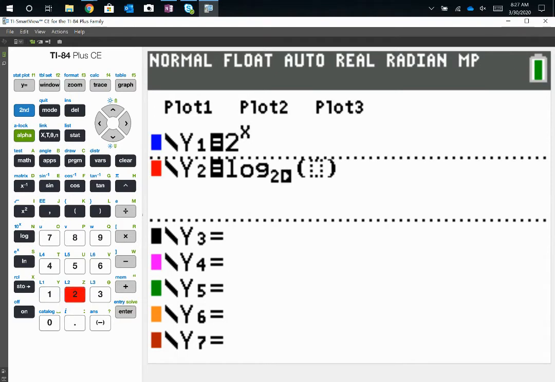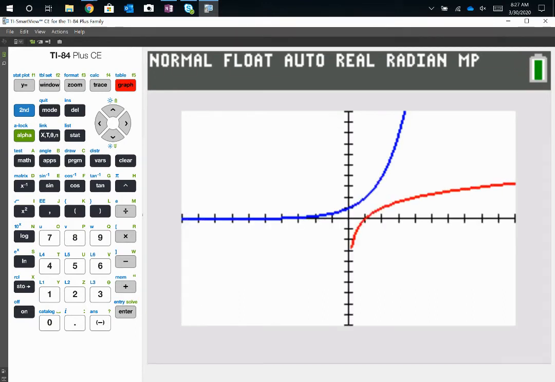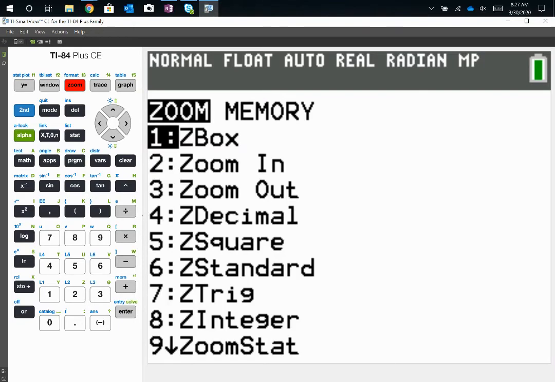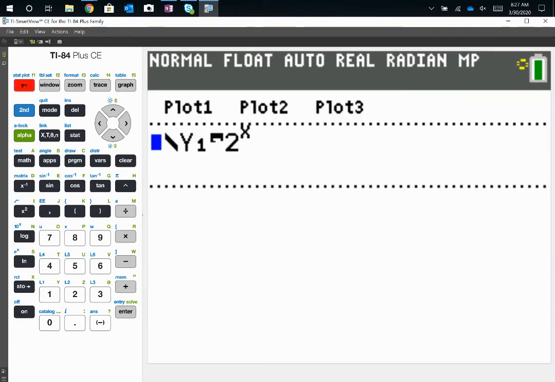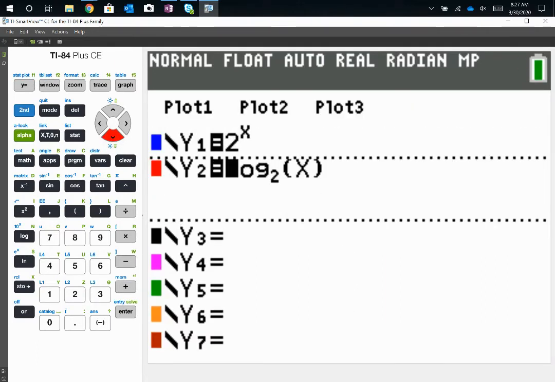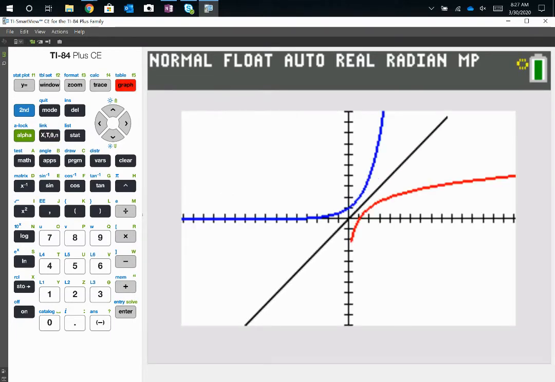Then I put in a square window and put in the reflection line, y equals x, and graph it. And you can see how symmetrical the graphs are about the line y equals x.